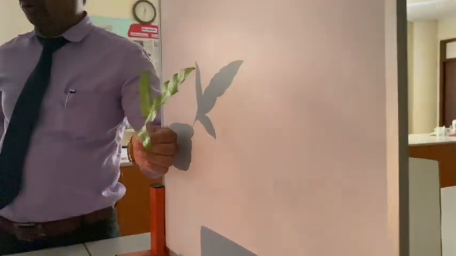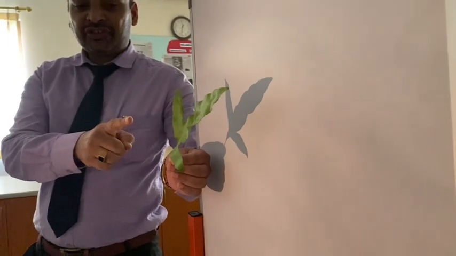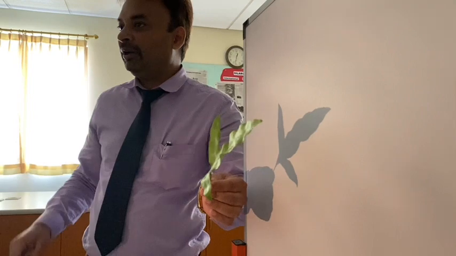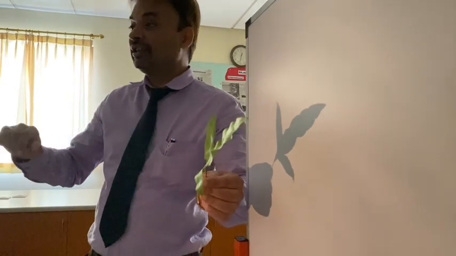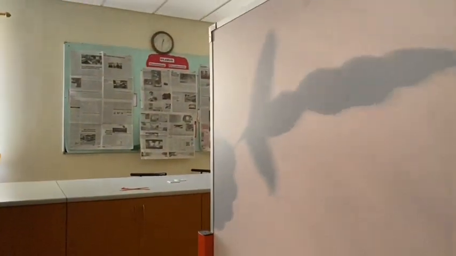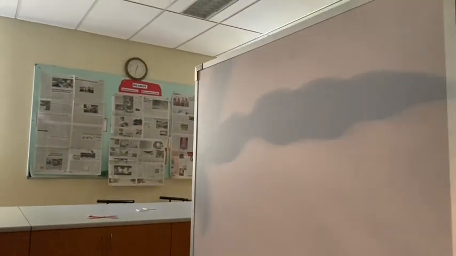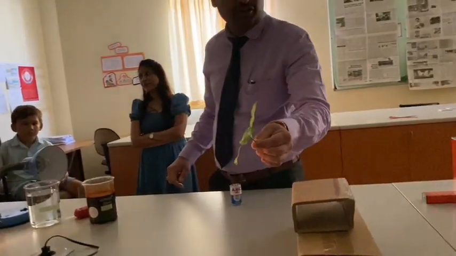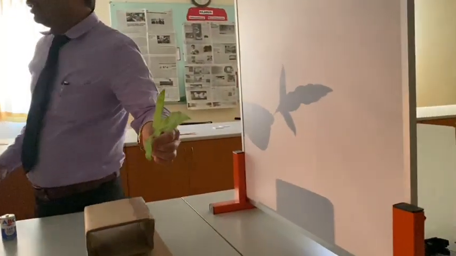Now if I take this leaf close to the bulb, what will happen? Will the size increase or decrease? It will get bigger. Let us check. You see, the closer I go to the source, the size of the shadow is increasing, and if we go back, it will reduce.